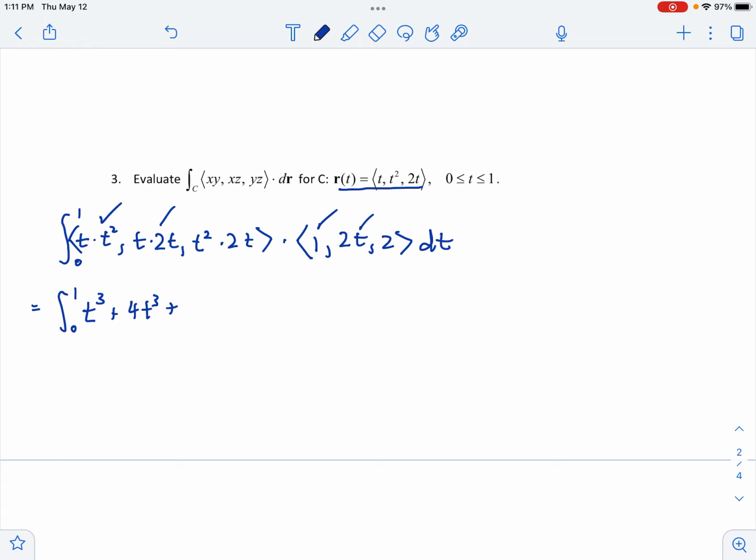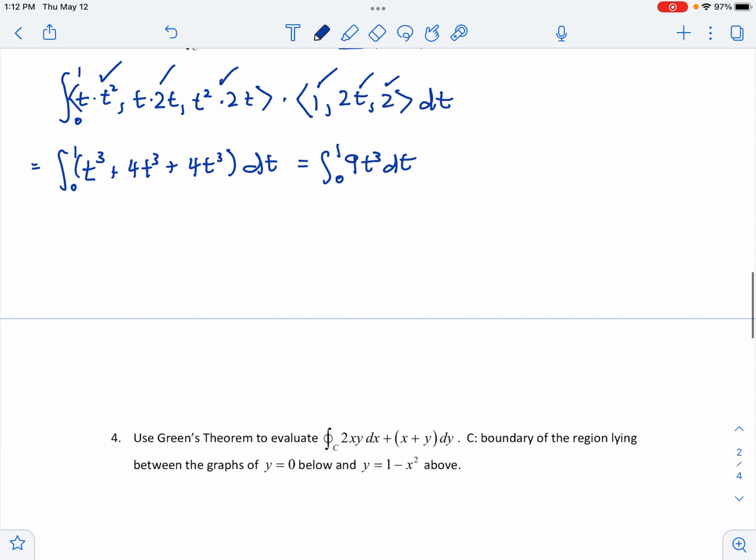And then plus, this one right here is 2t cubed times 2, that's 4t cubed, times dt. Okay, so let's see what we got here. We got 0 to 1, and man, there's a lot of t cubes there. It's 9t cubed dt. There.